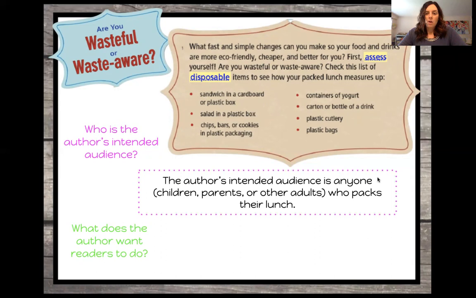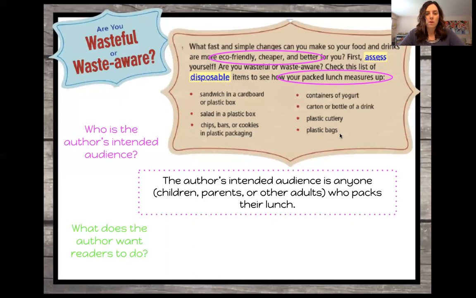So the author's intended audience for this page is children, parents, or other adults, or pretty much anyone who packs their lunch, right? And I know that because it says that you can check to see how your packed lunch measures up and that you should look for an eco-friendly and cheaper and better way to pack your lunch. So that would be targeted at anyone who packs their lunch.